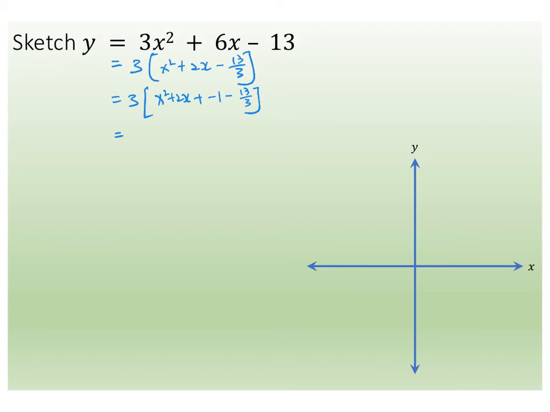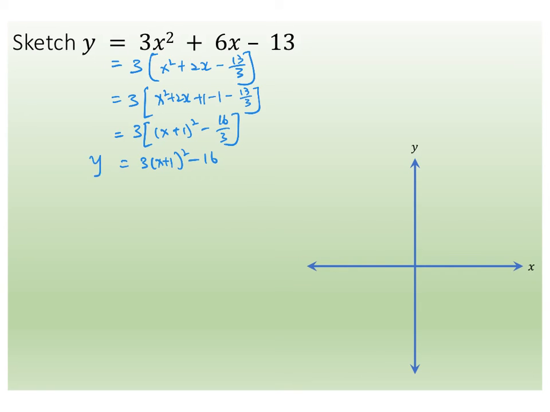That is therefore 3 (x plus 1) squared minus 16 over 3, and multiplying the 3 in, you therefore have 3 (x plus 1) squared minus 16.